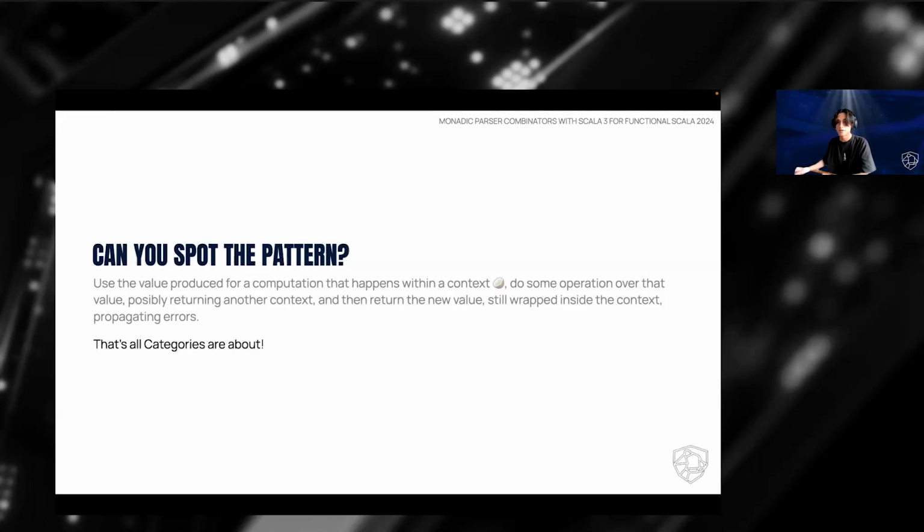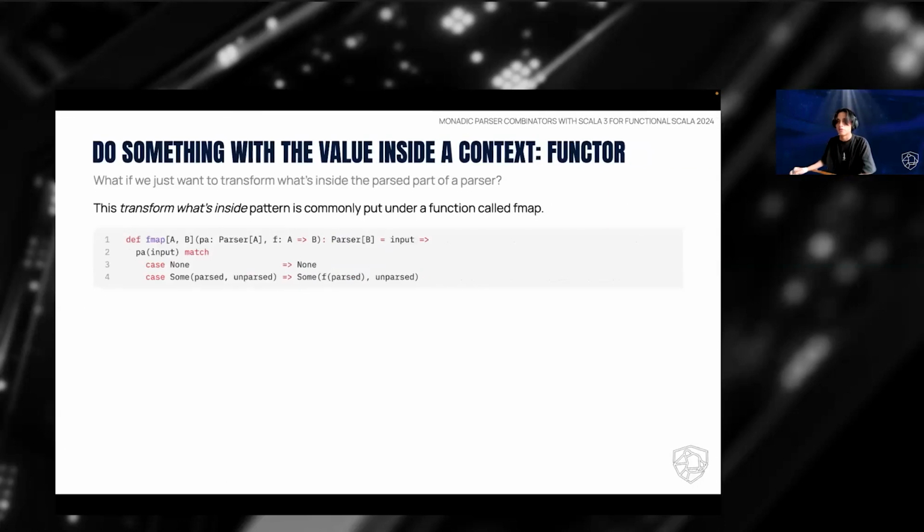But that's all categories are about. That's why categories exist. They basically represent functions between objects inside a context. So we're going to first start by implementing a functor for a parser.